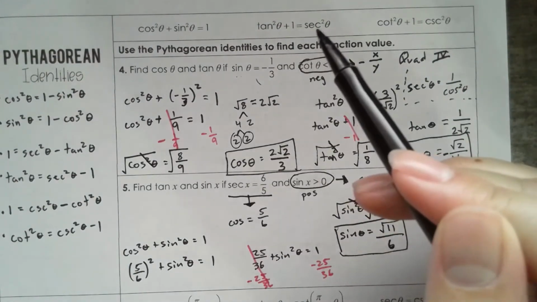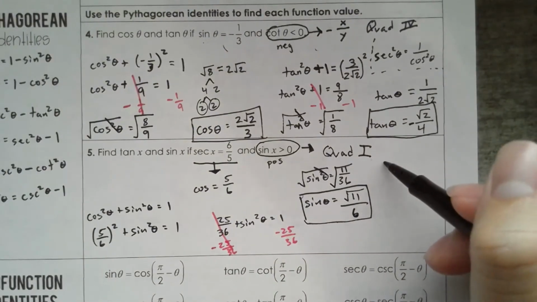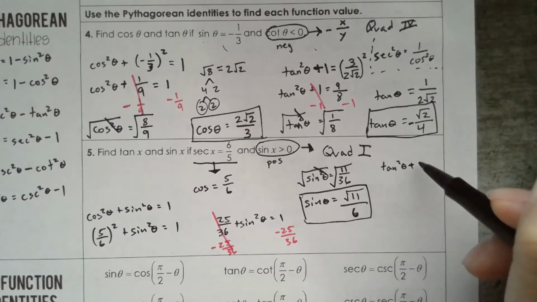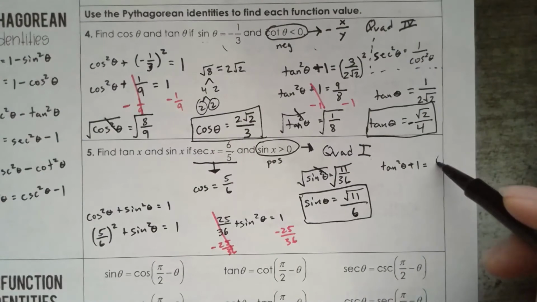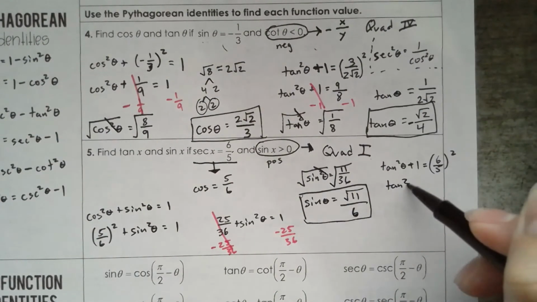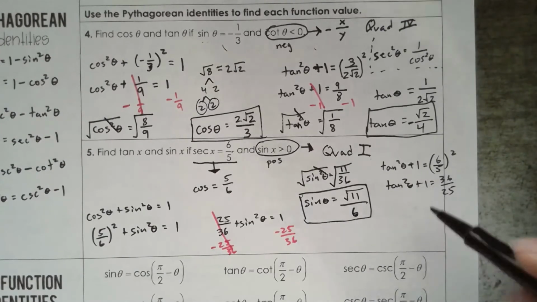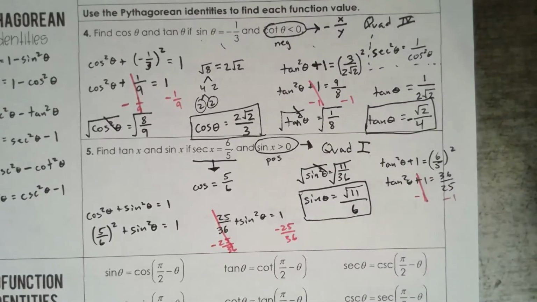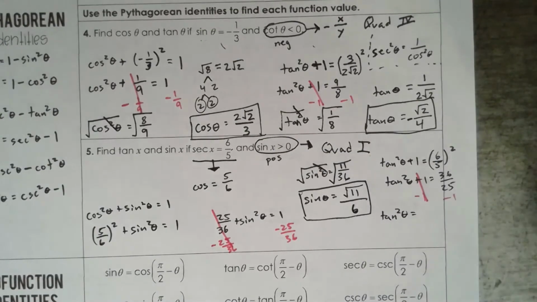So tangent squared theta plus 1 is equal to secant, 6/5 squared. So then tangent squared theta plus 1 is 36/25. Then I'm going to subtract 1 from both sides. So then tangent squared theta is equal to 36/25 minus 1.